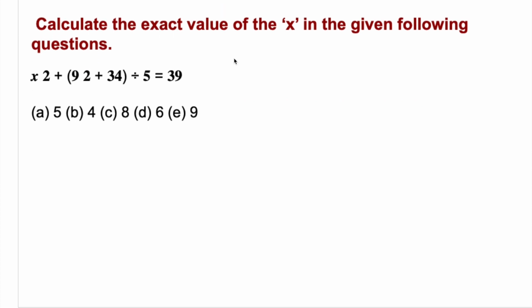Next question. Calculate the exact value of the x. Okay. x square plus (92 plus 34) divided by 5.